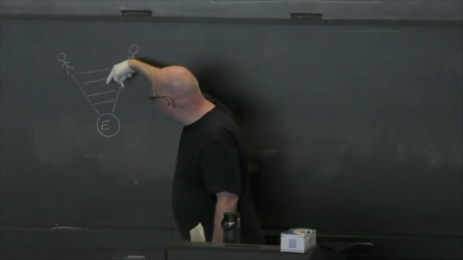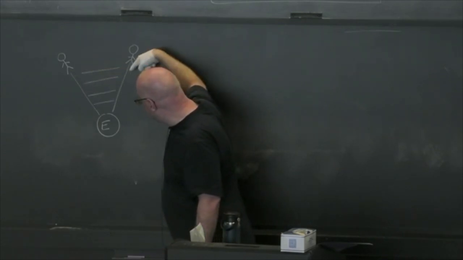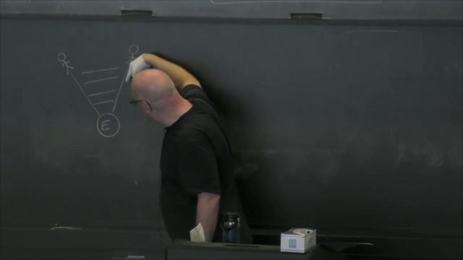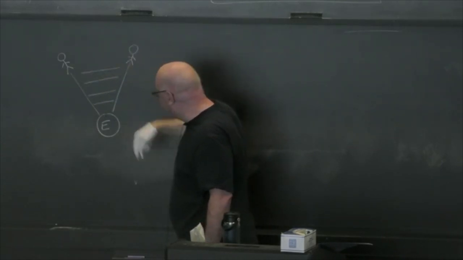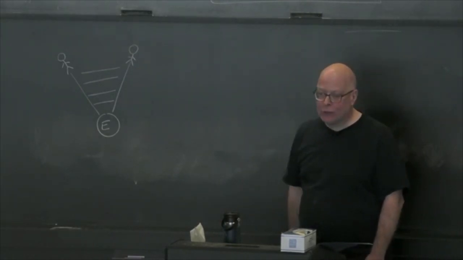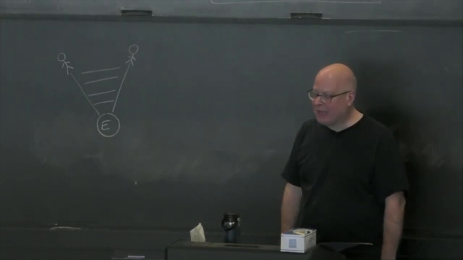So that relative acceleration between our two reference frames, or that relative acceleration between the two geodesics that are being defined by those two observers falling down toward Earth, is a measure of curvature, and curvature is a measure of gravity.